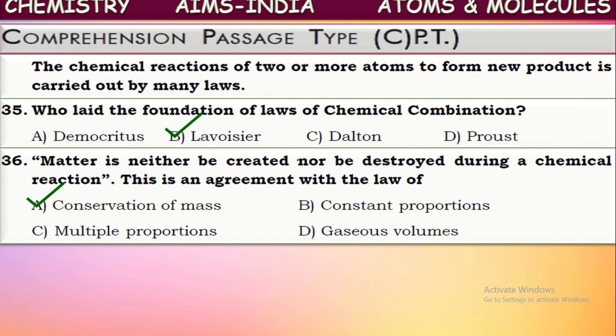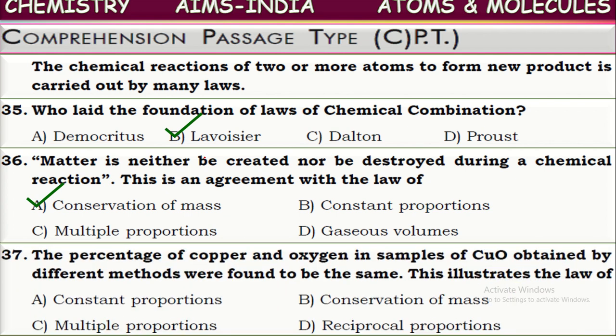So here we discussed atoms are neither created nor destroyed. These are all considered as matter. Matter is neither created nor destroyed during a chemical reaction. It just reforms, it changes its form, that's it. Okay, this is in agreement with the law of conservation of mass, which was proposed by Antoine Lavoisier.